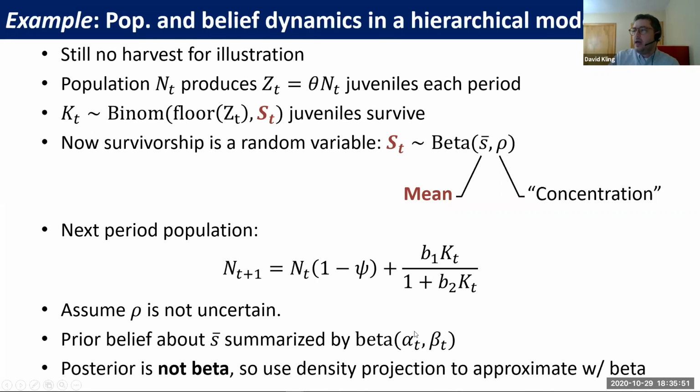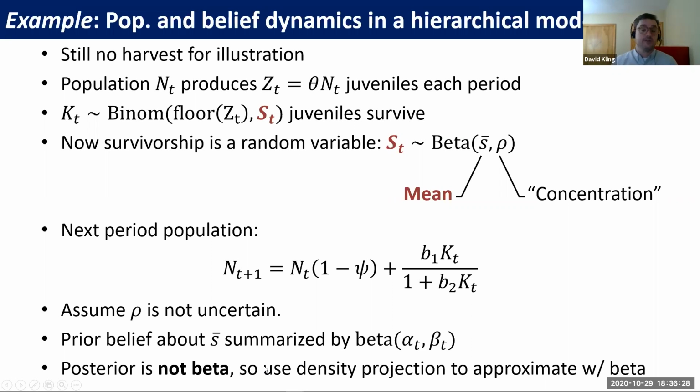Population dynamics have this Beverton-Holt form, and we're still going to have these hyperparameters that we model beliefs with, and I'll emphasize how this differs from the first example we went through. The paper goes into how, if you attempt to compute the Bayesian update of beliefs about S bar after observing K successes in a given period, it's no longer beta.